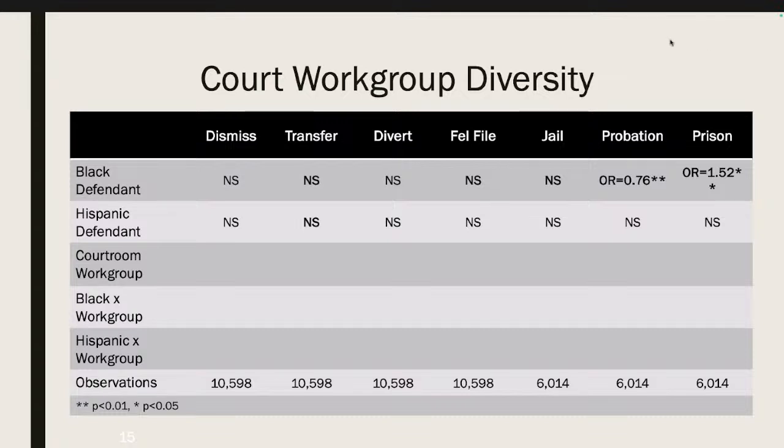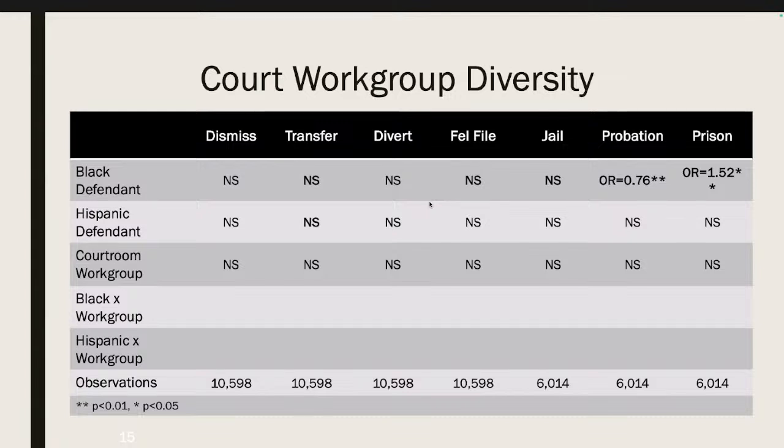For Black defendants, there was evidence they were less likely to receive probation sentences and more likely to receive prison sentences than white defendants. For Hispanic defendants, there were no statistically significant disparities that disadvantaged Hispanics. In terms of the work group characteristics, they didn't predict case outcomes.